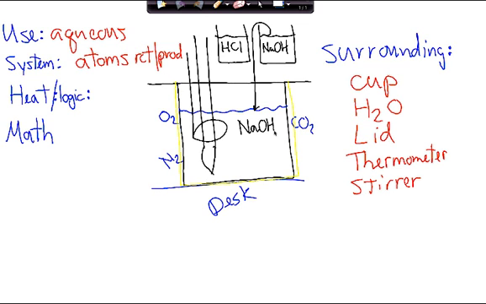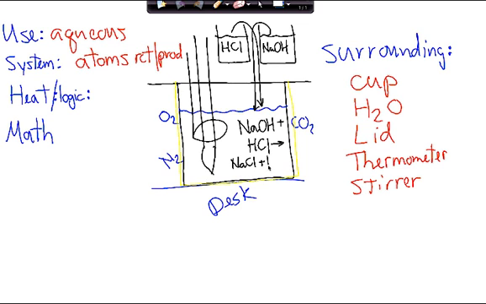Now guys, here's what we're going to do next. Once we've got that in there, we are now going to dump the HCl in the calorimeter. And guys, what's going to happen? They're going to react together, right? So if it's helpful, we can figure out the products.